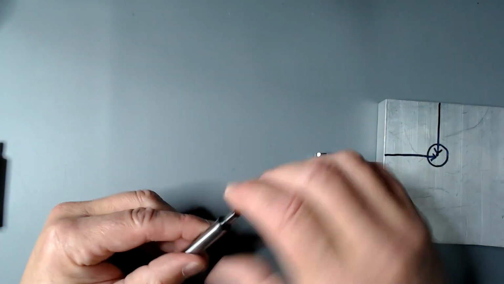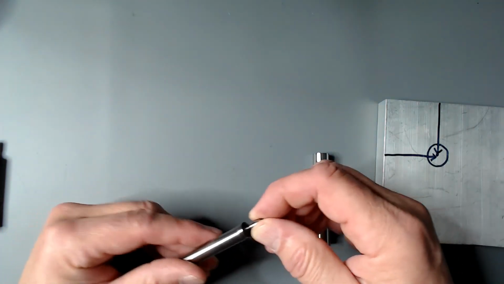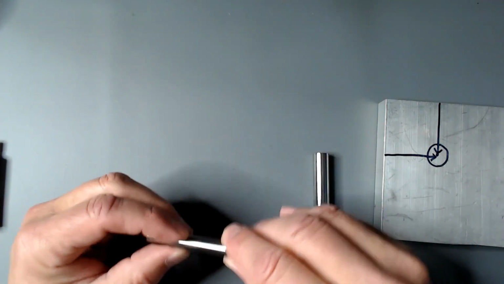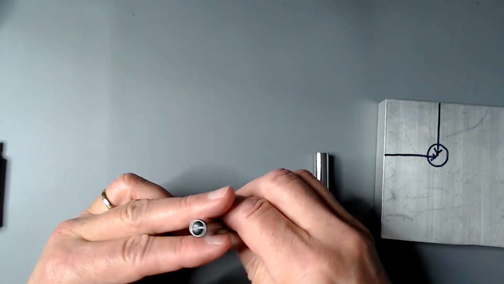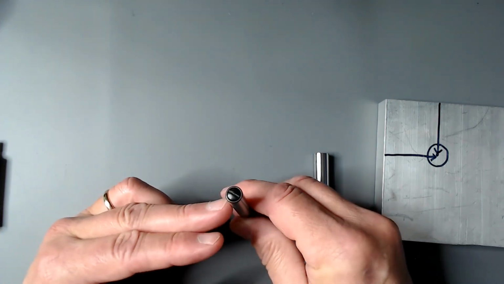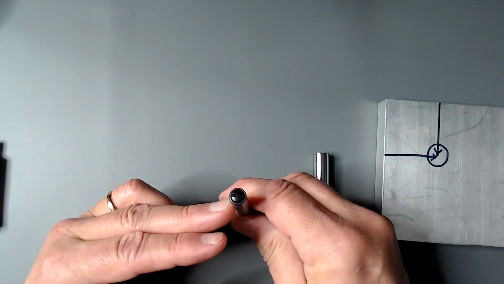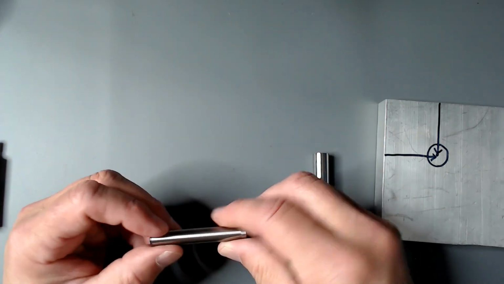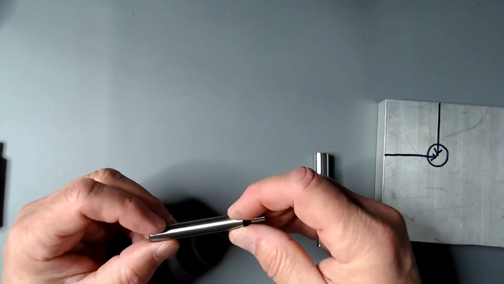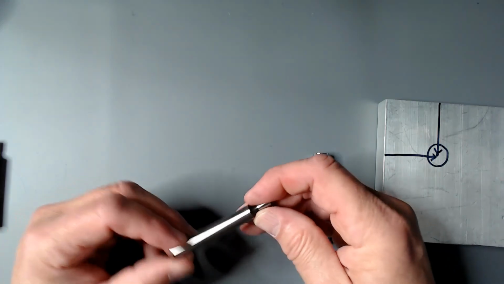This style, which is my preferred style, is another type, and it is from a different manufacturer. This one happens to be from a manufacturer called Mitutoyo, a Japanese manufacturer of high-quality precision measuring instruments.